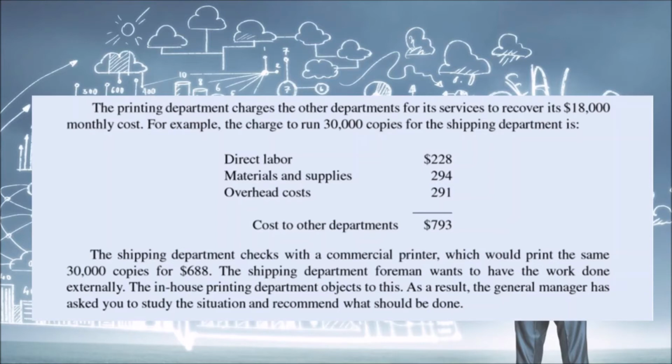So the cost to other departments is $793. The shipping department checks with a commercial printer which would print the same 30,000 copies for $688. The shipping department foreman wants to have the work done externally. The in-house printing department objects to this. As a result, the general manager has asked you to study the situation and recommend what should be done.